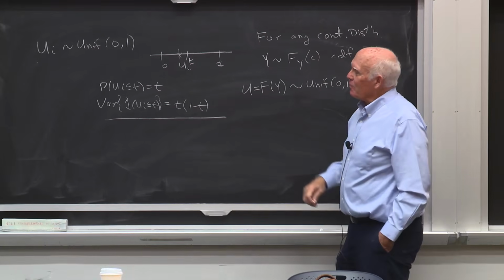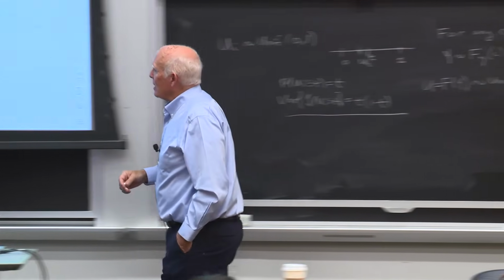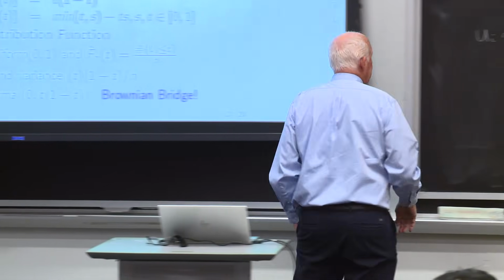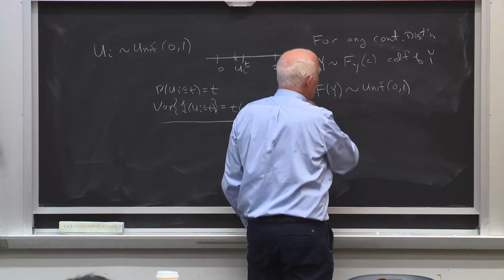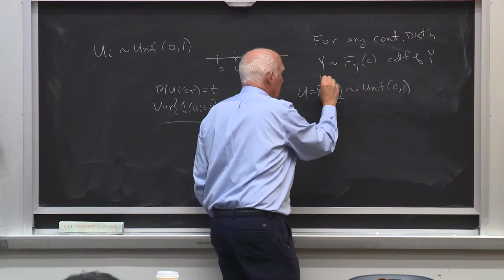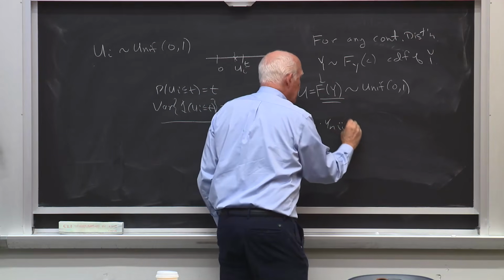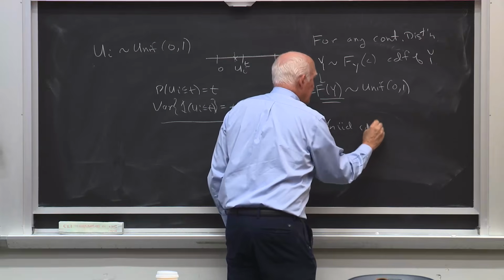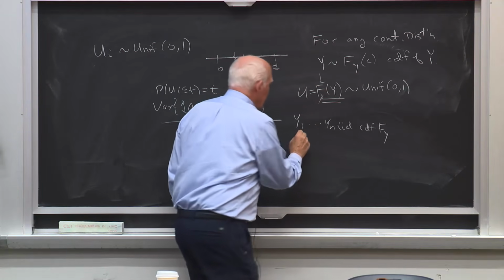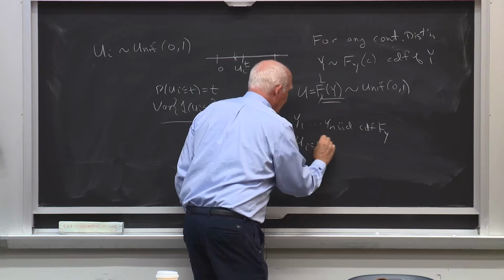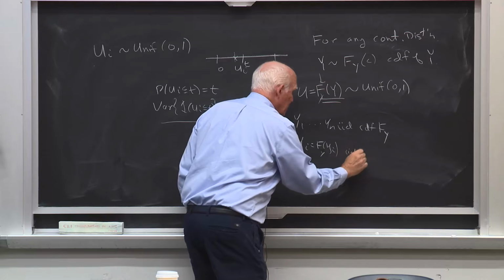And so when we have this property for the empirical distribution function of uniforms, if we replace the u's, which are uniform 0, 1 by assumption, with a distribution function F of y, where y1 to yn are iid with this CDF F sub y, then the ui equal to F sub y of yi will be iid uniform.